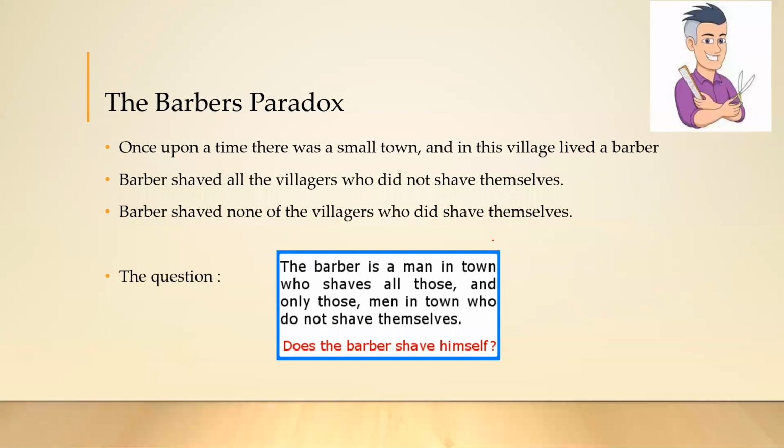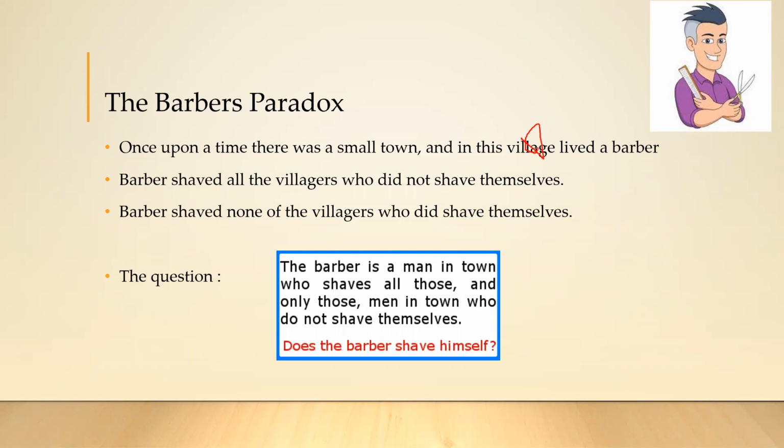We'll see a very interesting thing called the barber's paradox. Now, this barber's paradox is actually a small story. There was a small town, and in the town there lived a barber.